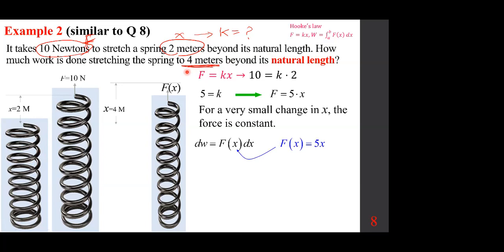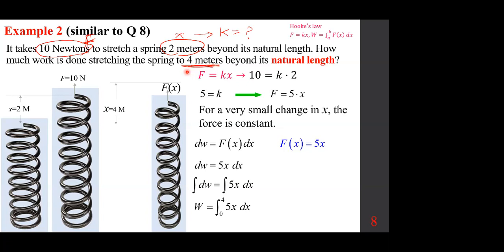This requires the integral simply because the force is not constant. Class, why is the force not constant? Think about it. You have a spring, and the way you stretch it, when you start stretching, maybe you need a little bit of force.